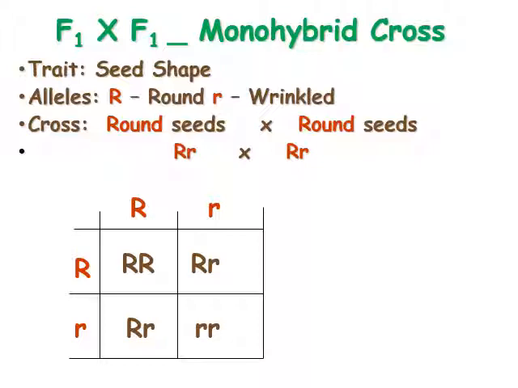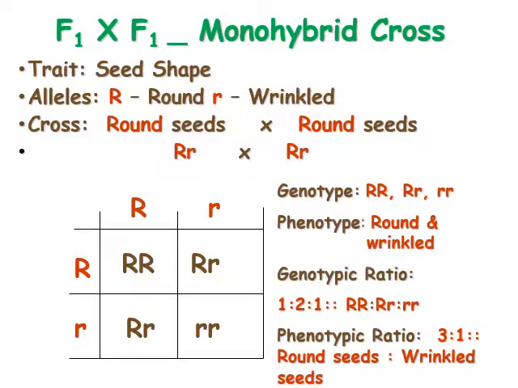If we would like to put the ratios, we could say 1 out of 4 is capital R capital R, 2 out of 4 is capital R small r, and 1 out of 4 is small r small r. In other words, the genotypes possible in the offspring are capital R capital R, capital R small r, or small r small r.